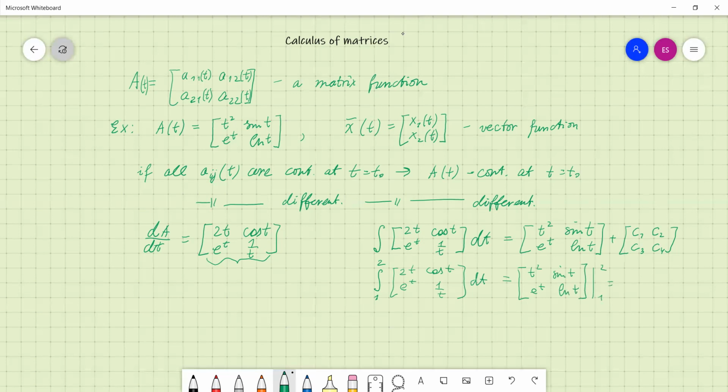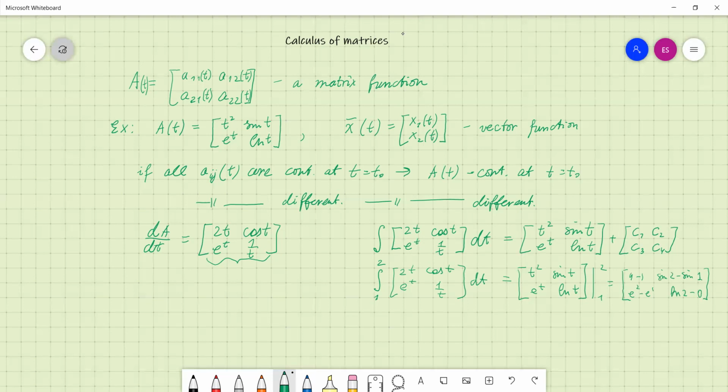So I'm just going to plug in 1 and 2 into every function. For t squared, 2 squared is 4 and 1 squared is 1, so it's 4 minus 1. For sine, it's going to be sine of 2 minus sine of 1. Numbers are not very good for sine, right? For the exponential function, e squared minus e to the power of 1. And for the logarithmic one, it's going to be ln of 2 minus ln of 1, which is 0. All right, and we are going to have something like this. We can calculate 4 minus 1 is going to be 3, but otherwise it's going to be like this.